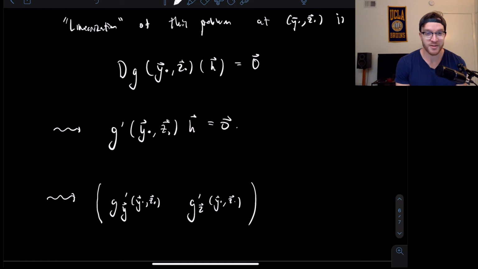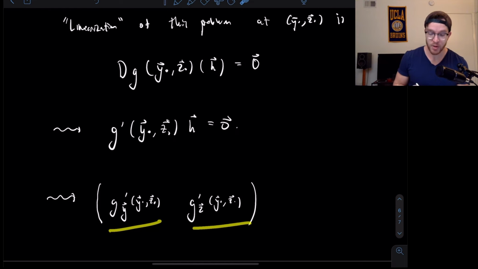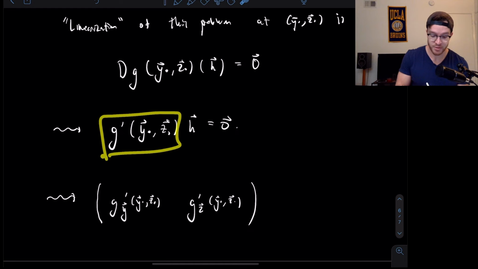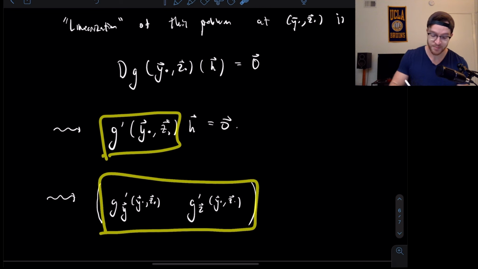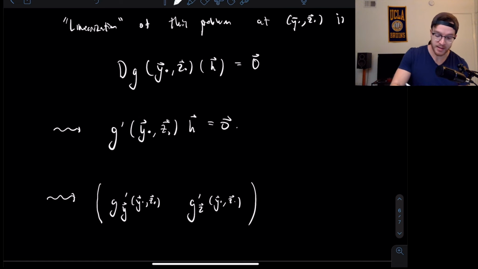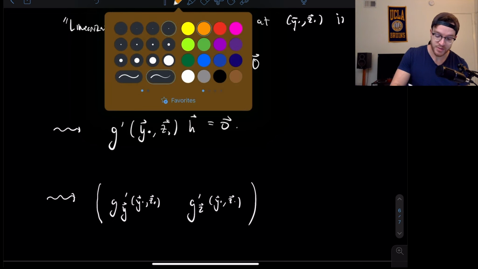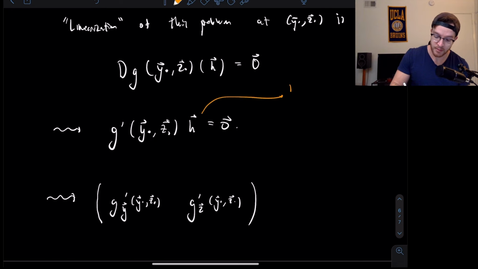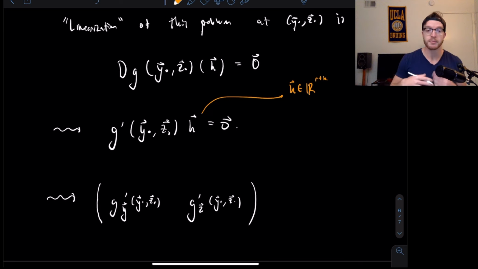Okay, after more technical difficulties, we're back. So what I was saying is the Jacobian here, earlier we introduced this new definition for the two different parts of the Jacobian. So I can write this matrix like this. And then similarly, H is a vector in R^(n+k). It sort of represents the linearized y and z variables. So what I can do is break this up into two components.